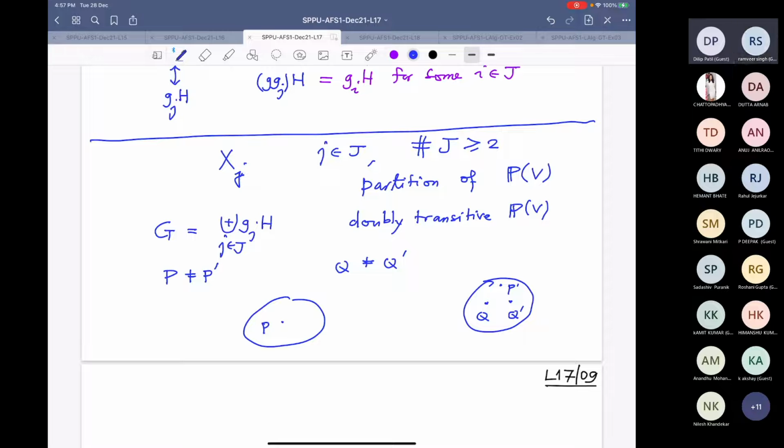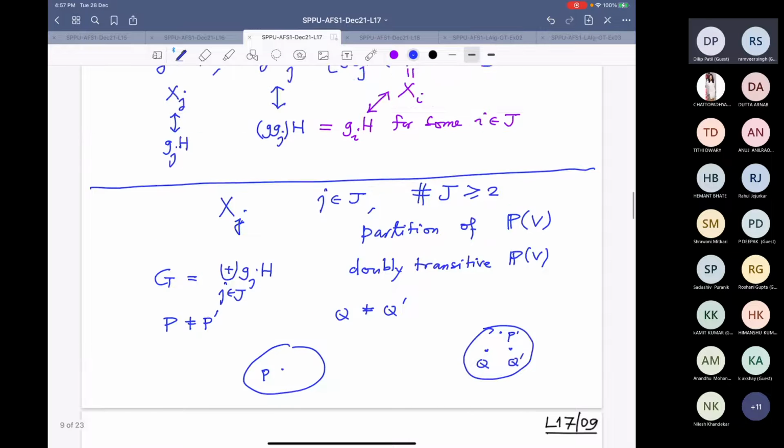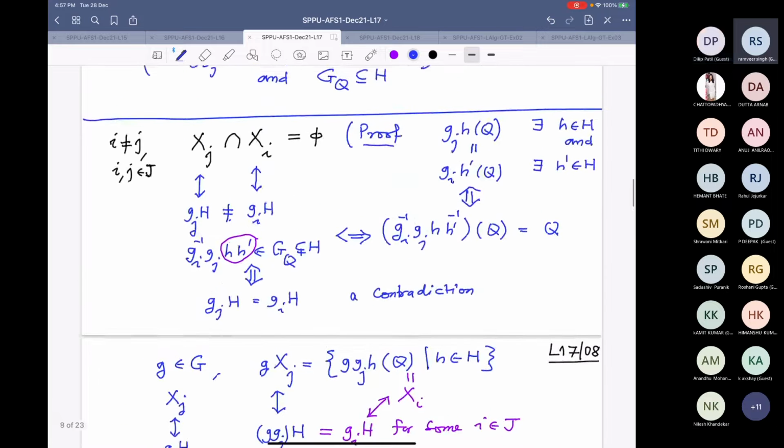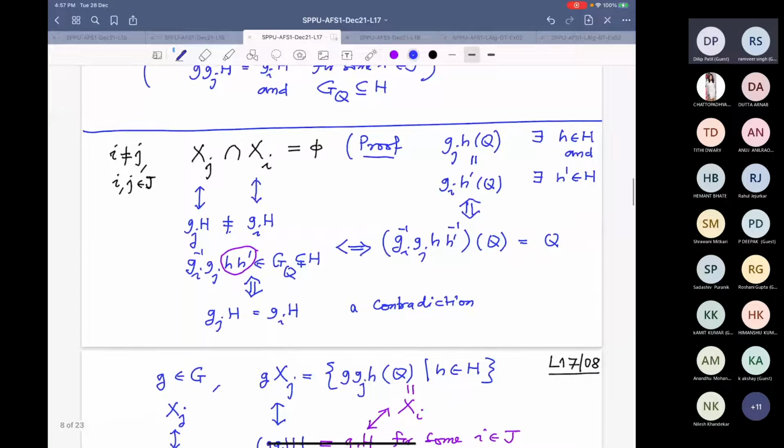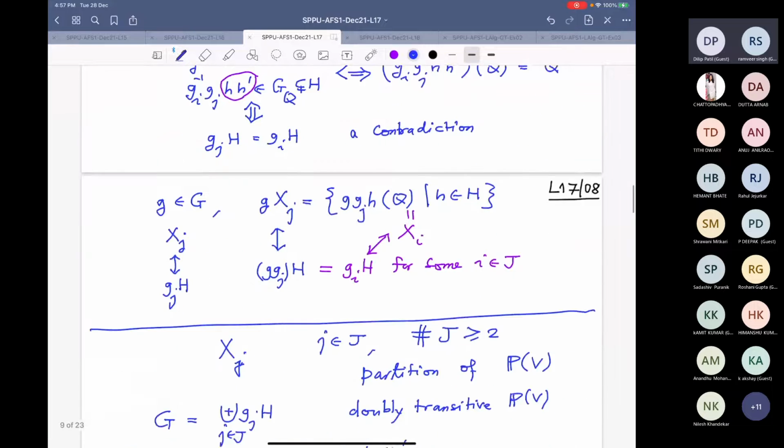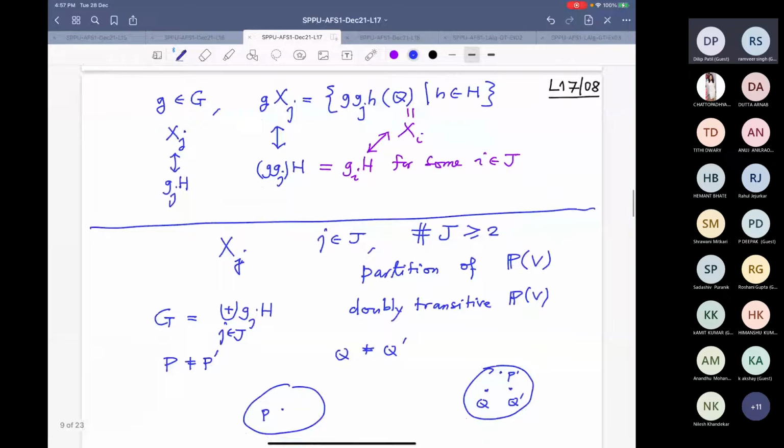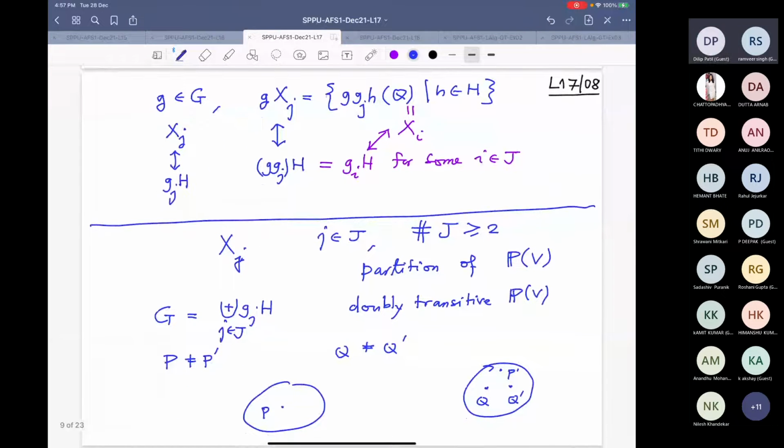Then what g can I choose? If I take any g, either this will all go with this, or this has to go somewhere else also. It will not go partwise. All these xi have the same cardinality. Therefore, the double transitiveness cannot happen. I hope it is clear what I'm saying.